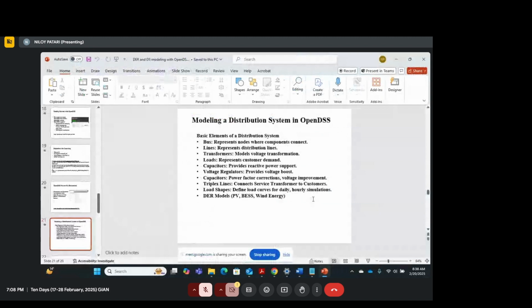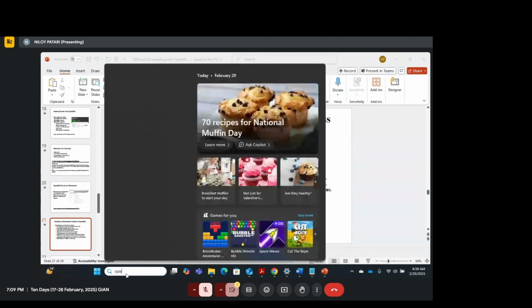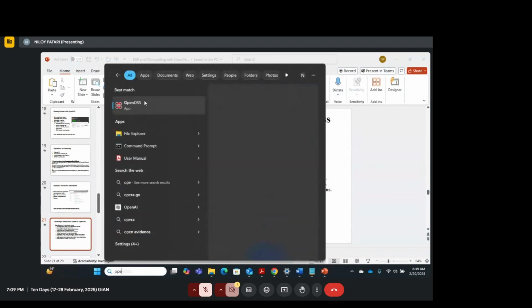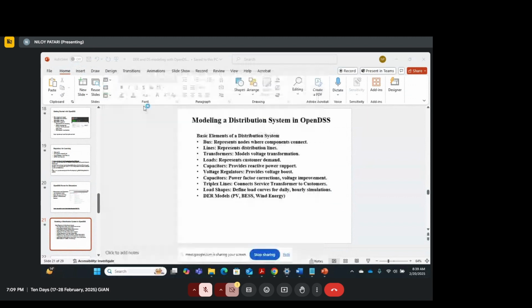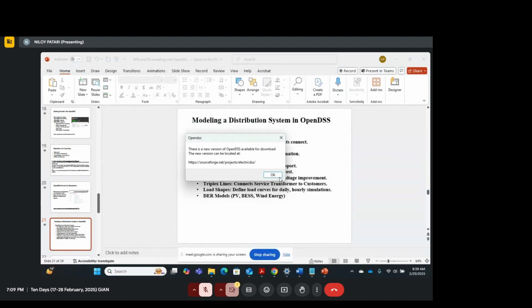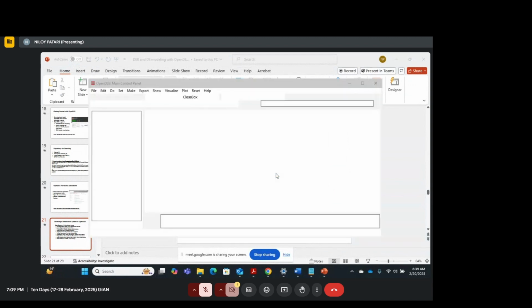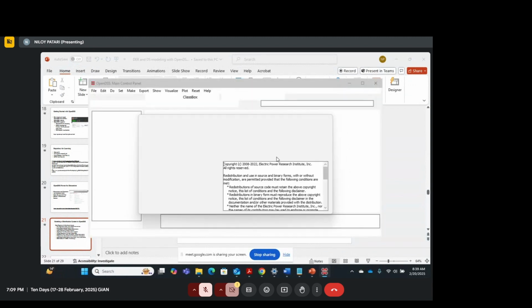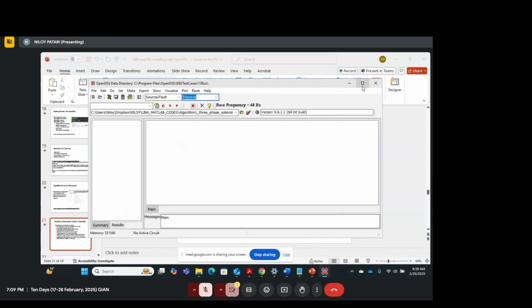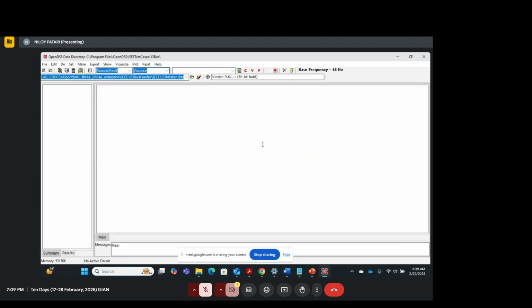Once you have downloaded OpenDSS, you can just open the software. You can see my screen, right?